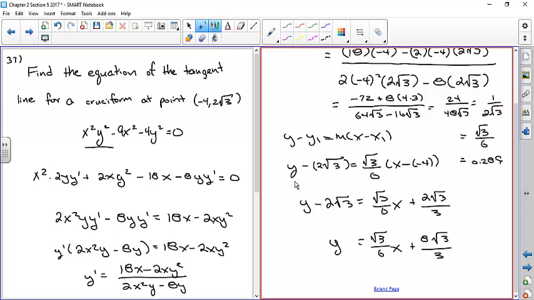What else could I do maybe to make this easier, to not use the quotient rule? If I multiplied every term by x times y, that would eliminate x and y from the denominator. So let's think about that. Is there any problem in doing that?